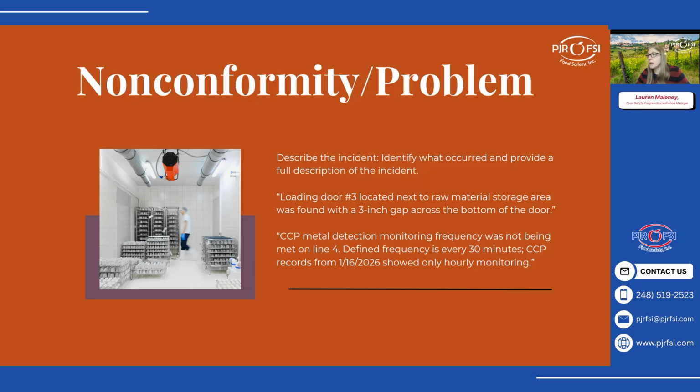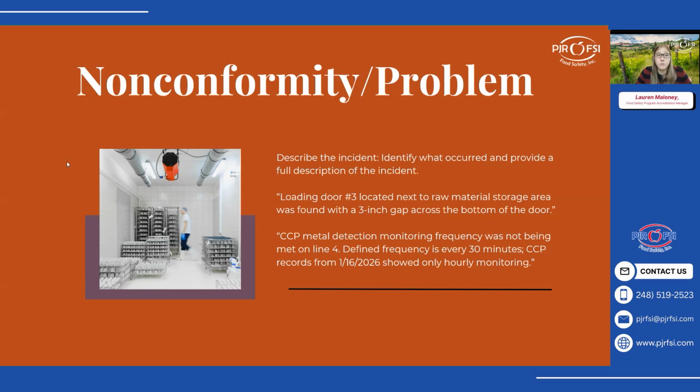It could be something like: CCP metal detection monitoring frequency was not being met on line 4. Defined frequency is every 30 minutes. CCP records from January 16, 2026 showed only hourly monitoring. So those are pretty robust descriptions of the nonconformity.